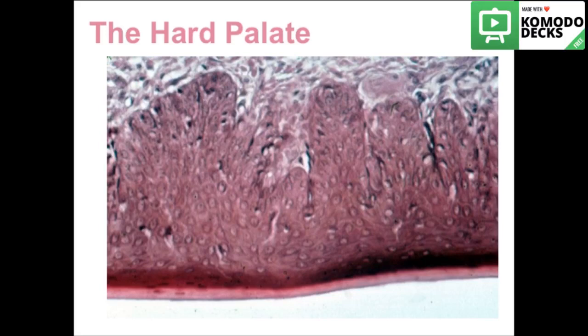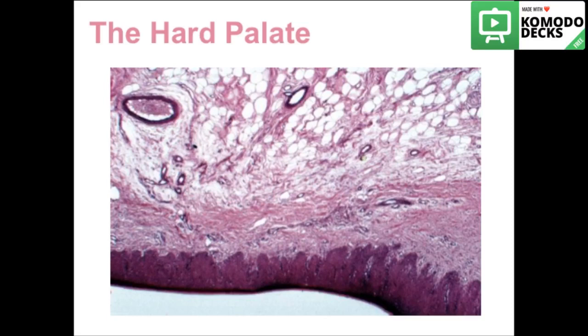Again, a section of the oral mucosa of the hard palate showing the keratinized epithelium and the lamina propria. Here's another section of the hard palate showing the epithelium, the lamina propria, and the presence of submucosa in the posterior palate. The submucosa may contain salivary glands, adipose tissue, and neurovascular bundles.